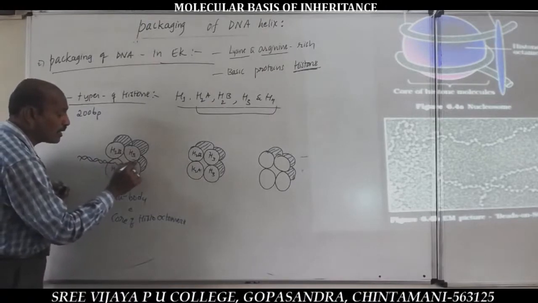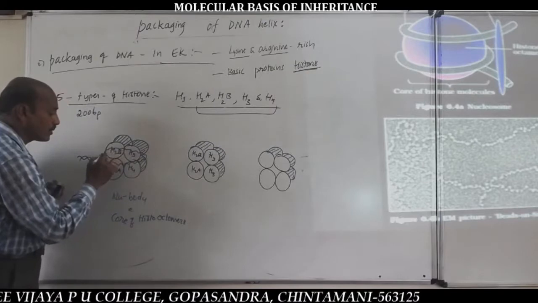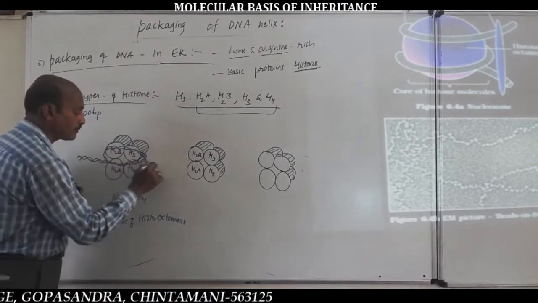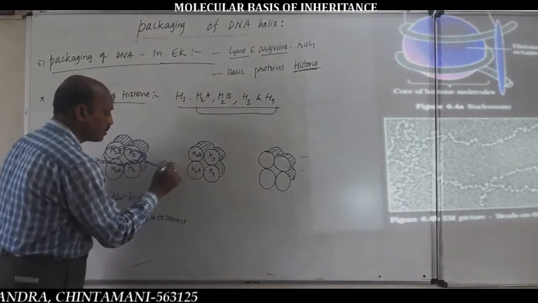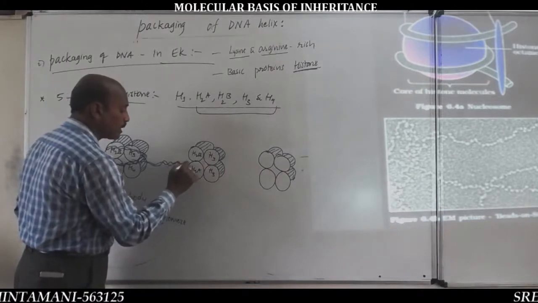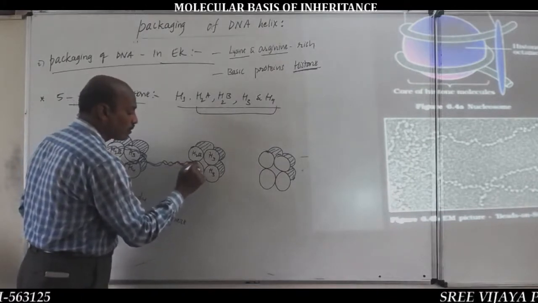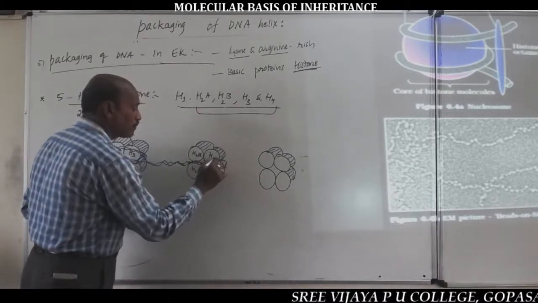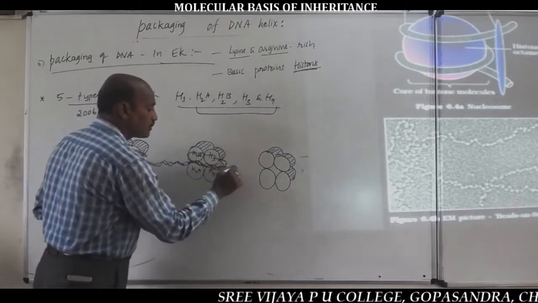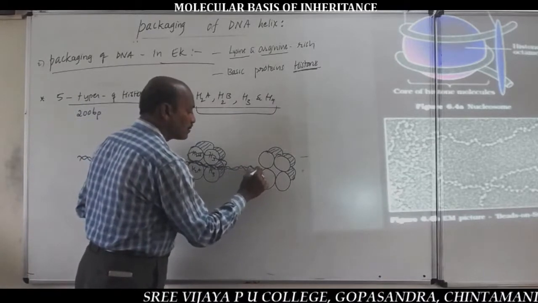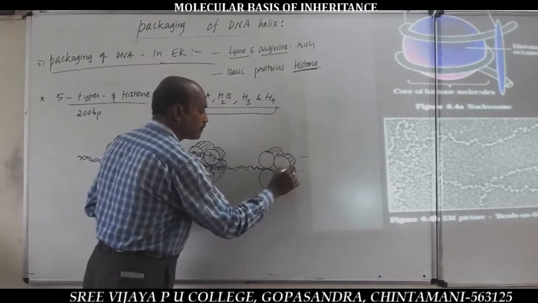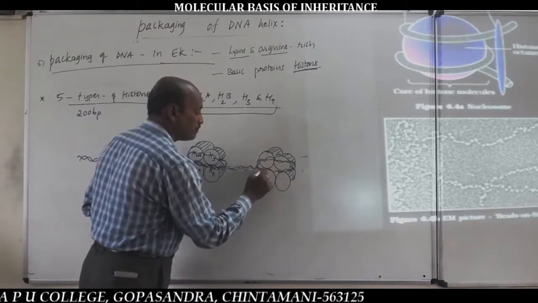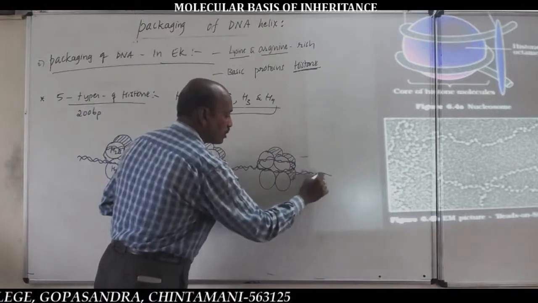200 base pairs of DNA wrapped, meaning covered around the histone octamer, the core of the histone octamer, for about 3/4 turn to form a structure called nucleosome.